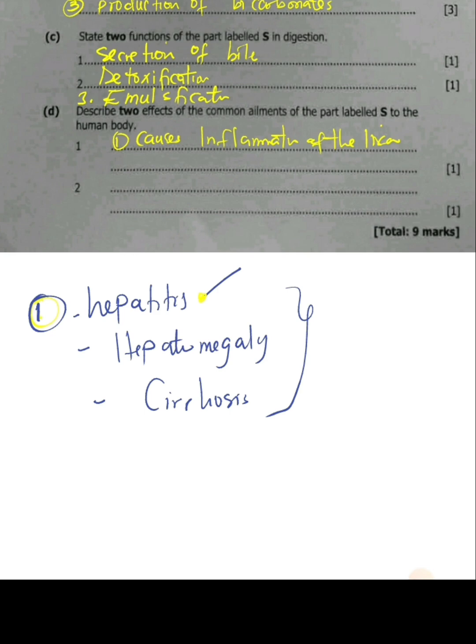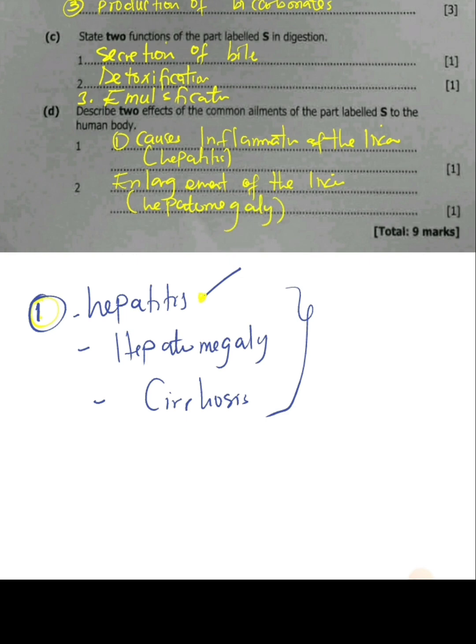The other one is enlargement of the liver, and in brackets I can just say by hepatomegaly for revision's sake. So the liver starts to grow abnormally, this is done by hepatomegaly.